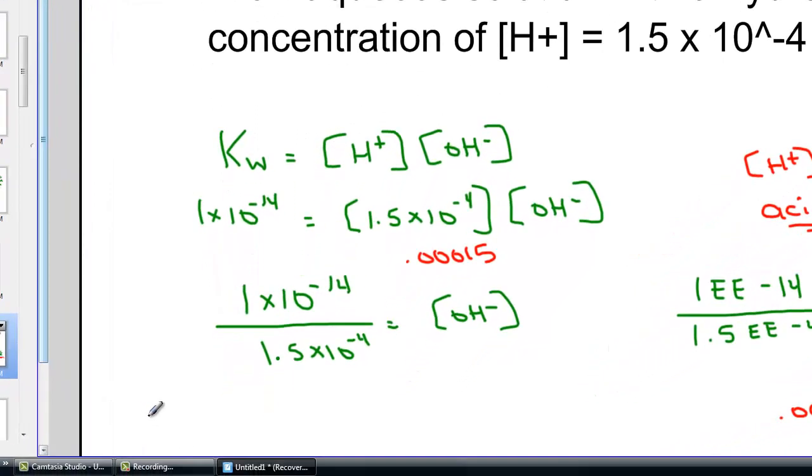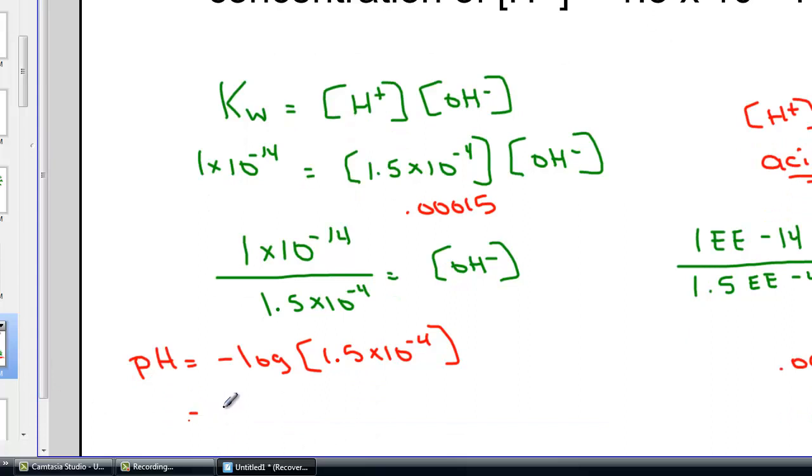It didn't ask us to, but it certainly would be easy to calculate the pH. We would simply take negative log of the concentration of the acid ion, 1.5 times 10 to the -4th molar units. And if I hit that, let's do it together. Hit your negative and then your LOG key. Don't hit LN, that's natural log.